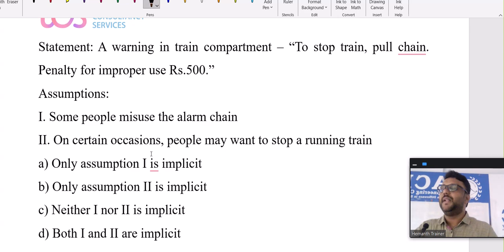So why they mention that? Generally, why some notice is given for you, or maybe when you are entering into the exam hall, they'll mention don't carry mobile phones. Why they mention that? Some people maybe carry the mobile phones. They have to alert that, and they think that people will follow that. If they don't mention, maybe people may carry that mobile phone to the exam hall.